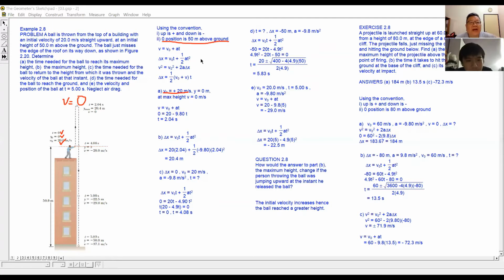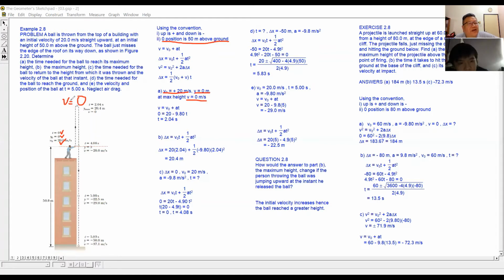So coming back to our problem, I list out here V naught equals positive 20. The initial position is 0 and the final velocity is 0 when you reach here. Starting at T0, V0, the Y is 0 and the V naught is 20.